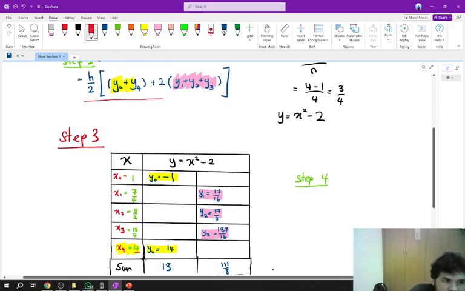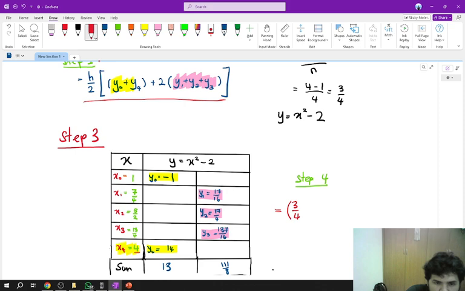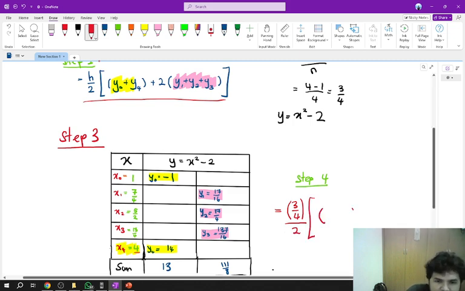So we use this again. h is 3 over 4 from step number 1. So we get h, 3 over 4, divided by 2, from the equation, and in the bracket the summation from the yellow part, 13, plus 2 in bracket the sum from the pink part, 111 over 8, and close bracket.